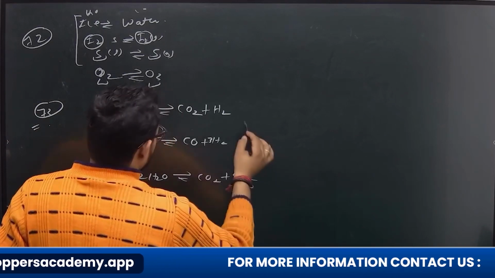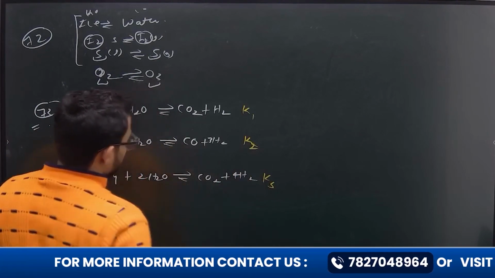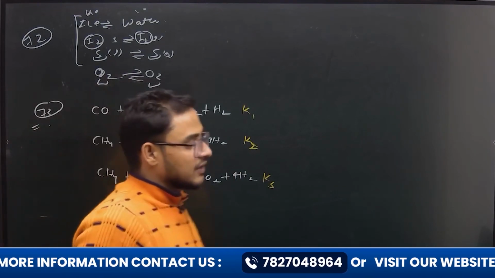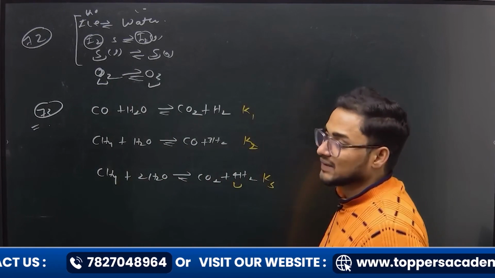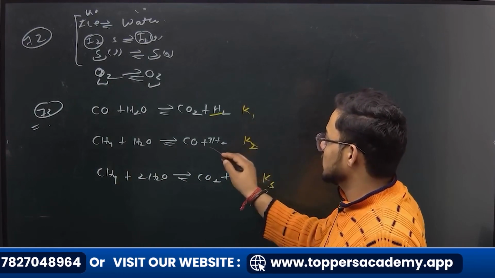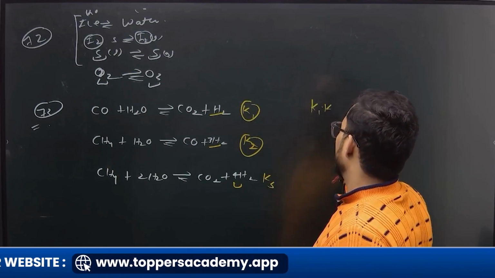They have respectively these values. How do we predict the answer for such questions? I want 4H2. How can I get 4H2? There is 1H2 and there is 3H2. So if I multiply K1 and K2, I will get K3.